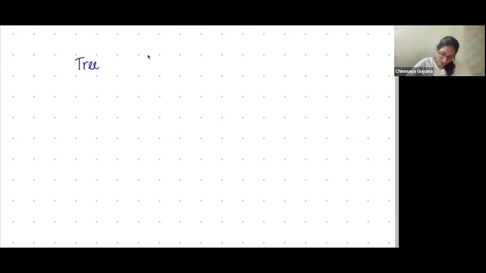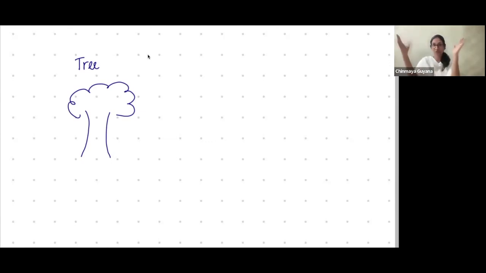Well, in English, what will come to mind is a trunk with some leaves. And if your drawing is as good as mine, this will be the best tree you can ever draw. So a visual of a tree comes to mind.